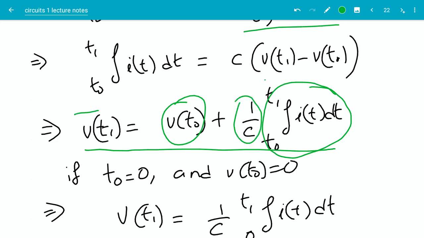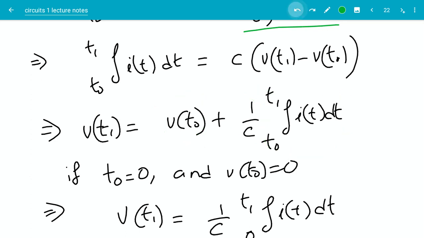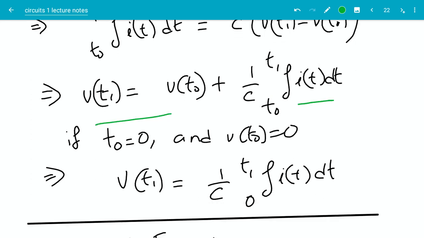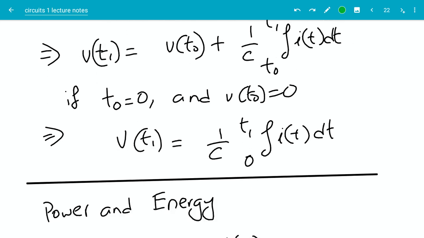So the final voltage is the initial voltage plus the change in voltage. If you know i, this is how you compute v. Usually the initial condition is that you start with the capacitor completely discharged, so at t equal to 0 the voltage across the capacitance is 0, in which case this equation comes down to a simple equation like this. That's how, if you know i, you can compute the voltage across the capacitance.